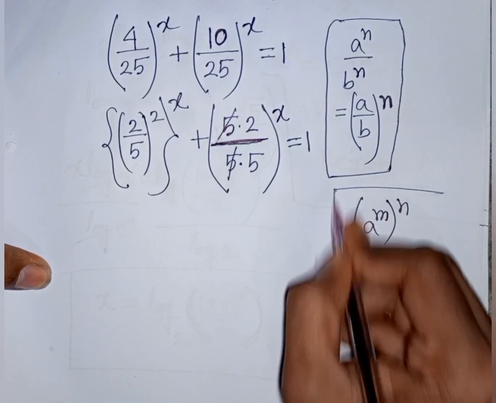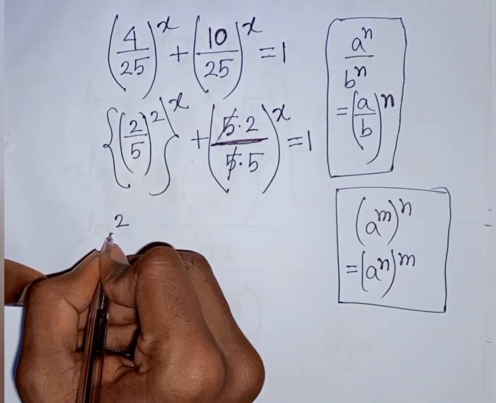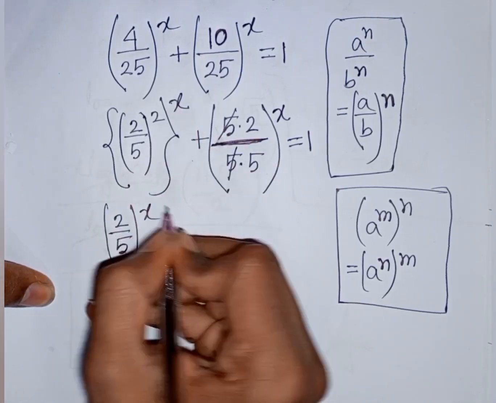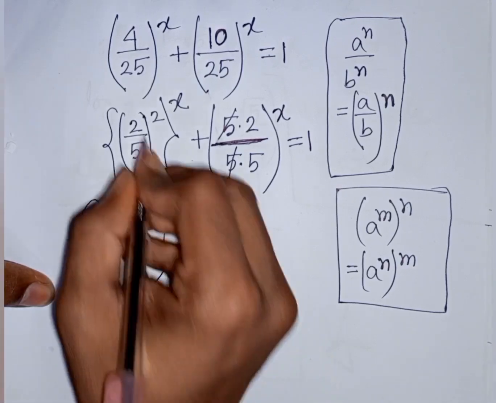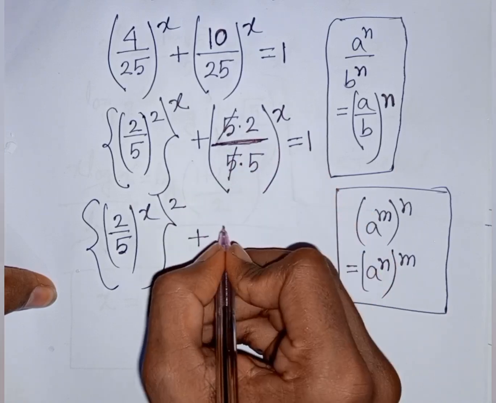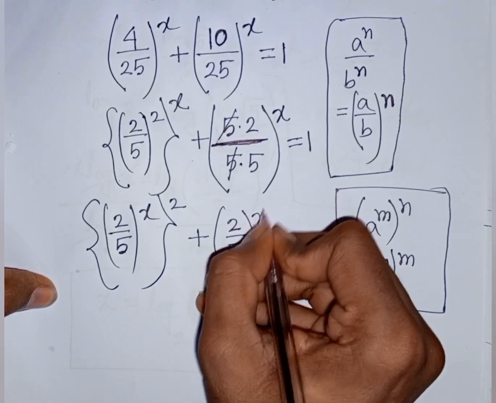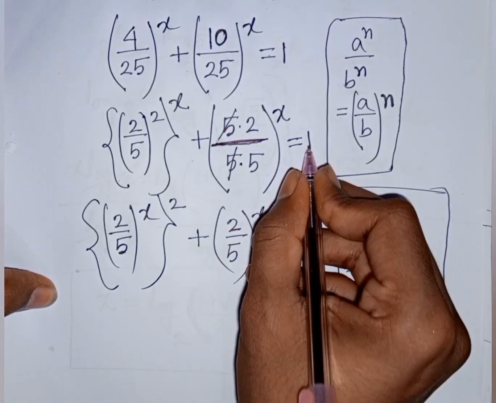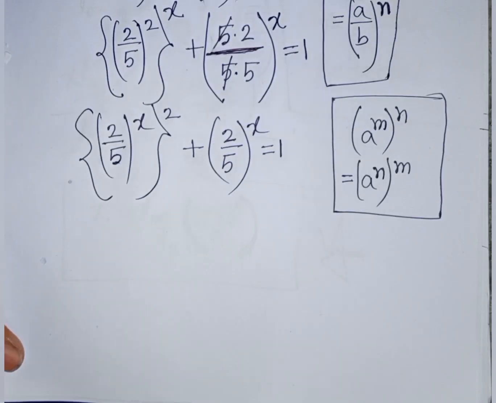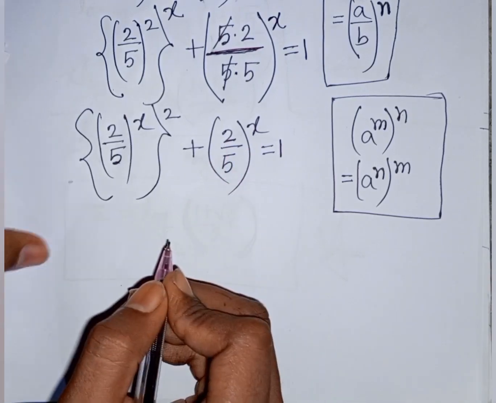So according to this rule I can write here 2 by 5 bracket power x, then second bracket power of 2, plus 2 over 5, then bracket power of x is equal to 1. Now we see 2 by 5 bracket power x, 2 by 5 bracket power x, both terms are the same.